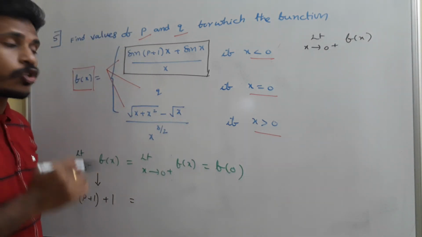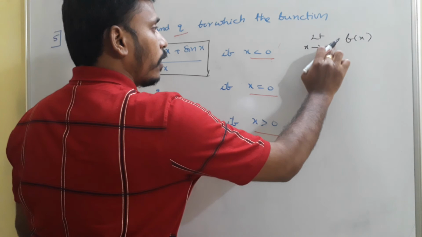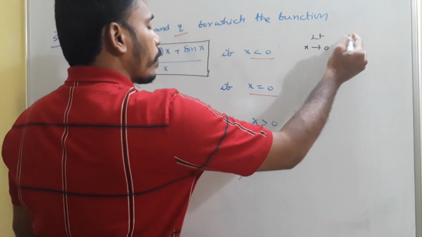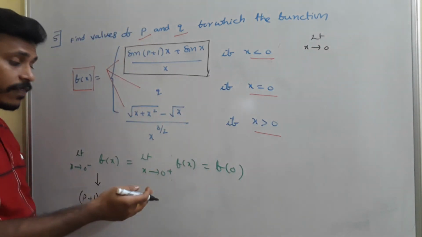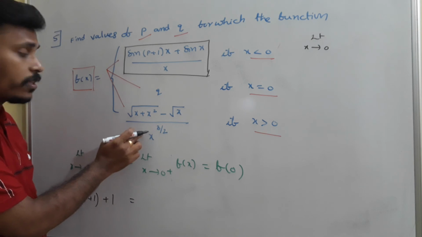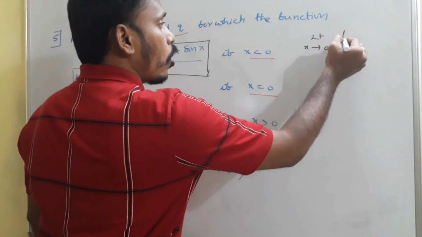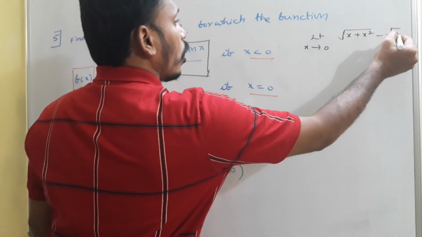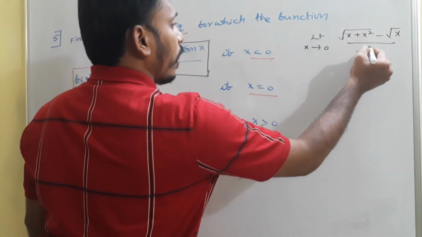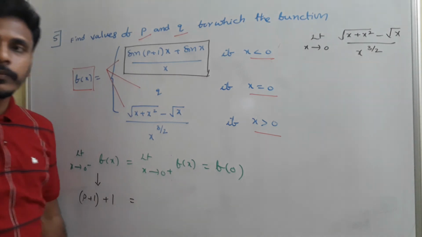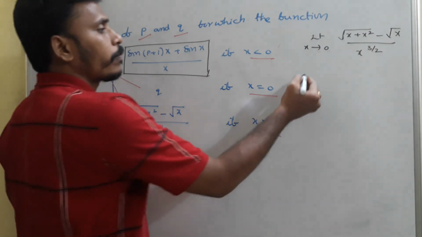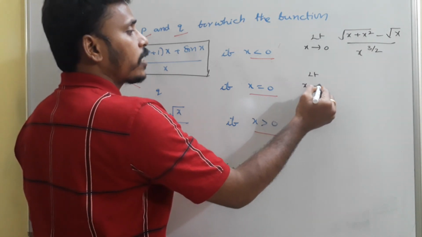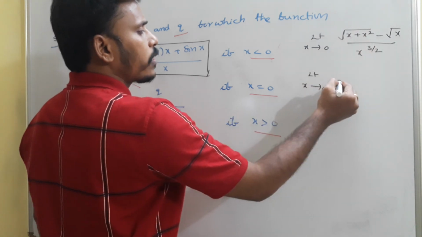Limit x tends to 0 plus f of x is simply nothing but limit x tends to 0, and as x is greater than 0, the function definition is this. Use it. Root of x plus x square minus root x divided by x power 3 by 2. Now try to simplify it. Limit x tends to 0, root of x plus x square.